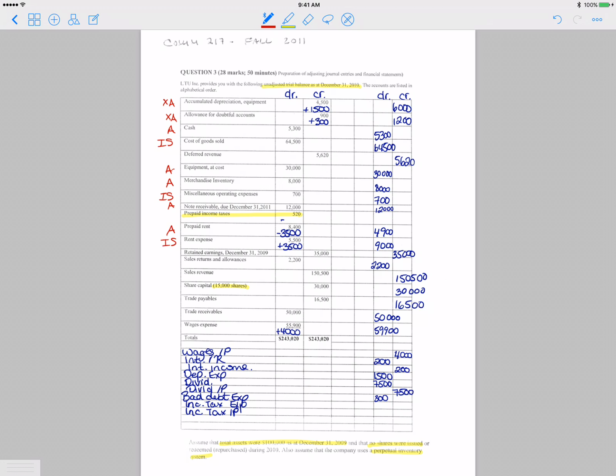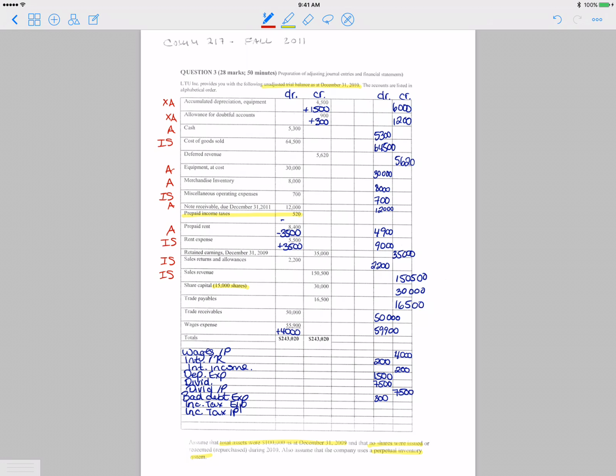The sales returns and allowances, that's going to go on our income statement. That is going to affect our net initial sales. Now we have our sales revenue. Our sales revenue is also going to go on our income statement.